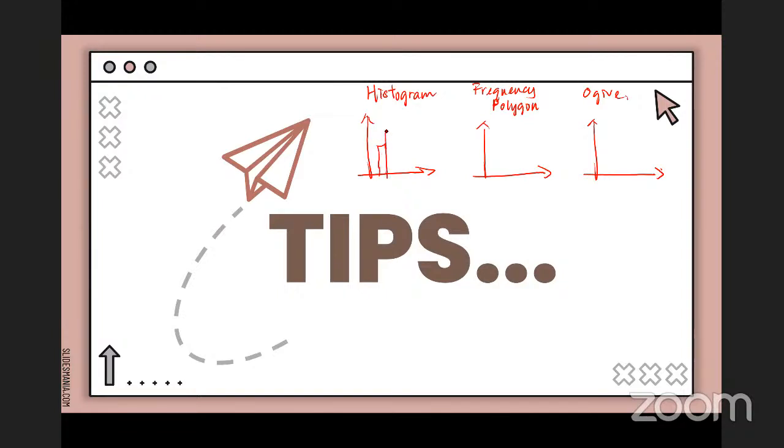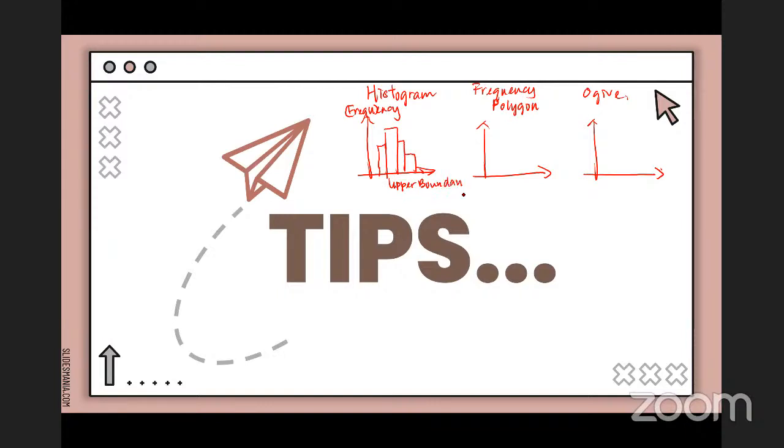The histogram is something like that, where the bars all stick together, and may be high and low. For this part, you should write the frequency, and for this part, whatever is given in the question. Normally we will write the upper boundary over here.